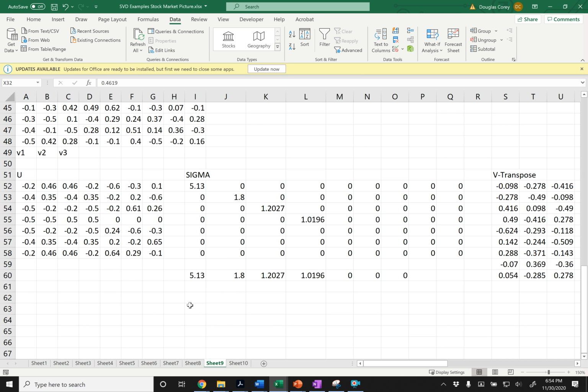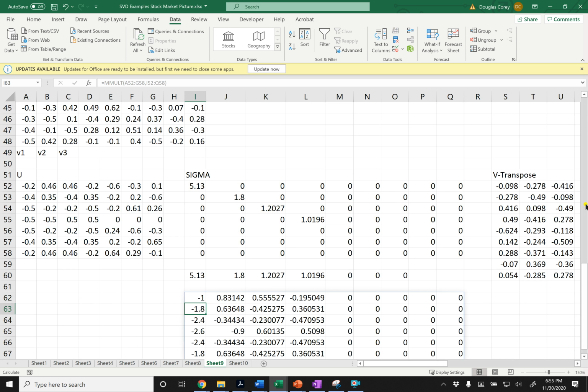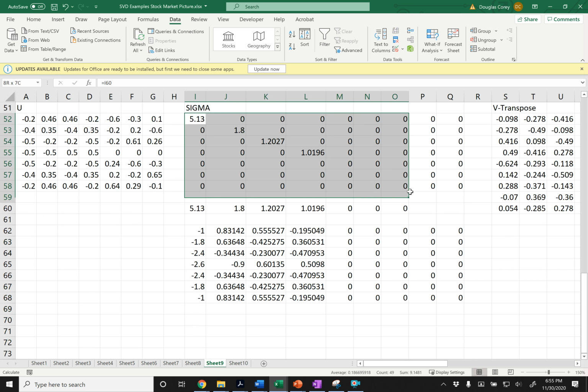So let's actually do this multiplication and see if this makes sense. I'm going to multiply this matrix by this matrix, and I get a matrix. Notice that matrix is the same size as our data matrix again.